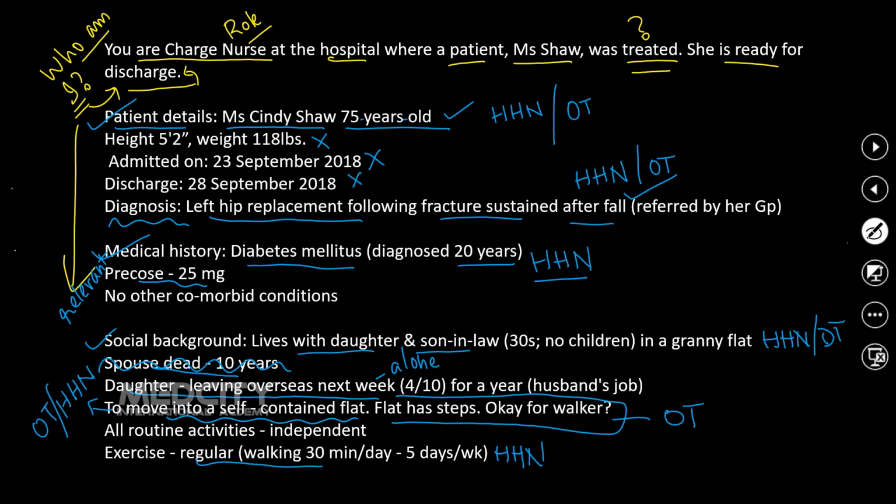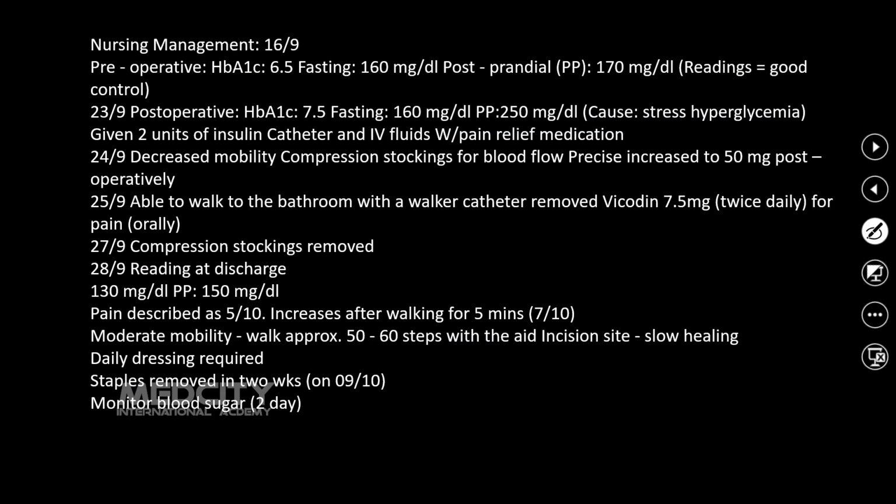Now we move on to the second page, and it talks about nursing management, and date wise you have a load of information given here. We need not include all of it at all, so we're just going to select the ones that are required.